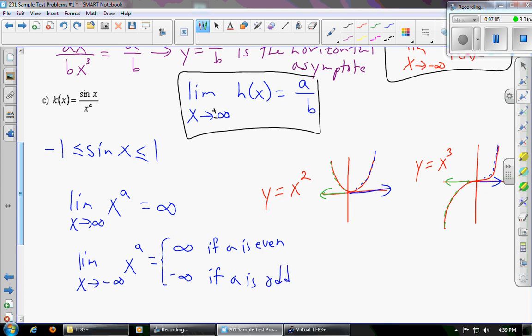It's actually going to turn out not to matter, because what we've got so far now, we're doing this kind of sine x over x to the a. So what we know is that the bottom is going to go to either infinity or minus infinity. It depends on which direction we're headed and whether a is even or odd. But the top is just bouncing between 1 and -1.